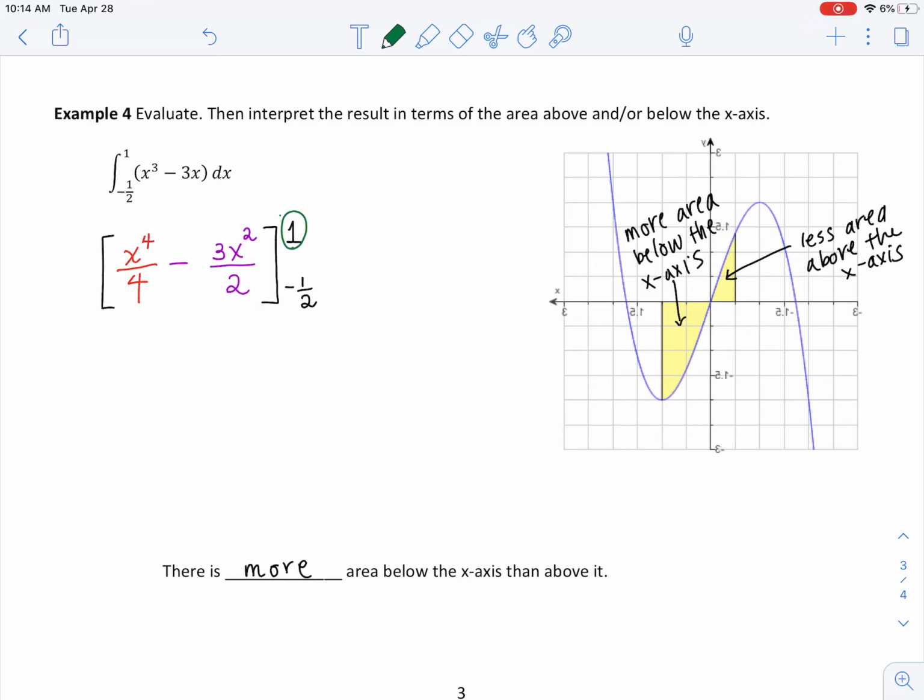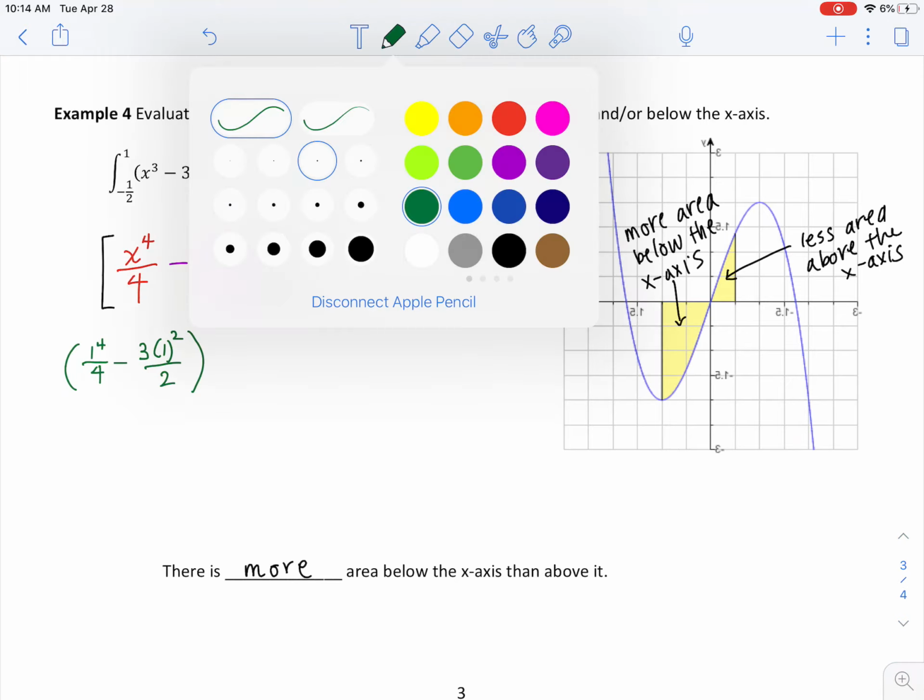Let me go ahead and plug in 1 into x first. I will have 1 to the fourth power over 4 minus 3 times 1 squared over 2, right? That's what I will simplify after plugging in 1.